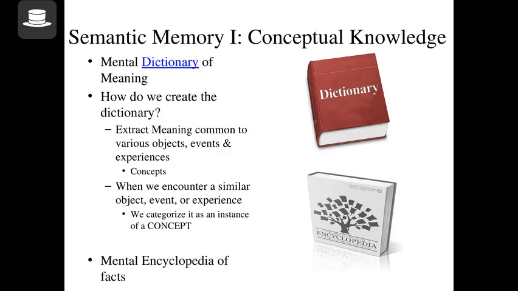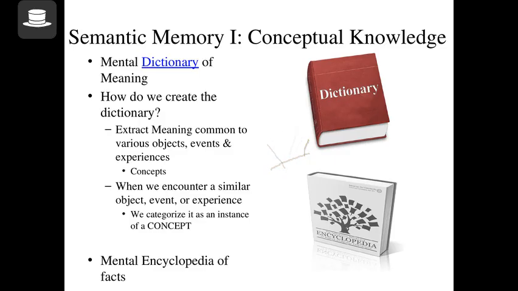The idea here is that your conceptual knowledge is also a network. Your conceptual knowledge is also a network of different words, and these different words are basically concepts. So in that sense, your semantic memory is a mental dictionary of meaning, right? How do we create these concepts of the mental dictionary?